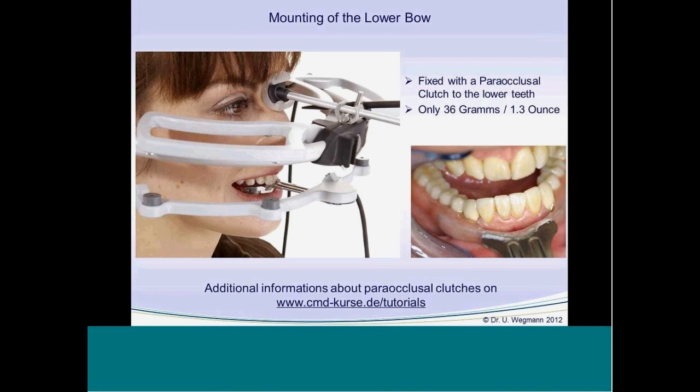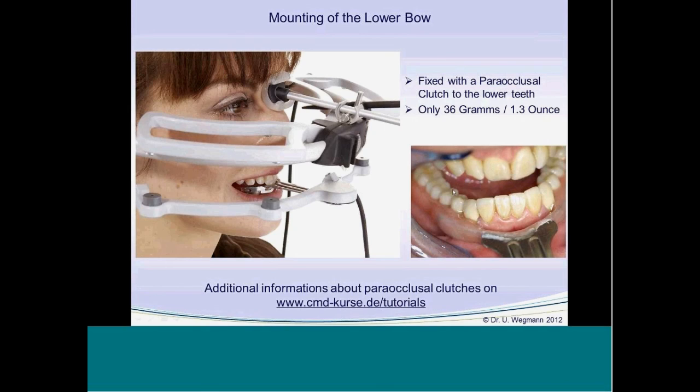Therefore, sometimes or mostly, I want to do the registration under the guidance of the teeth, and for this, the upper part of the teeth must be uncovered. Therefore, I use this para-occlusal clutch so that there is no contact when the patient bites. There is no contact between this registration device and the upper teeth.